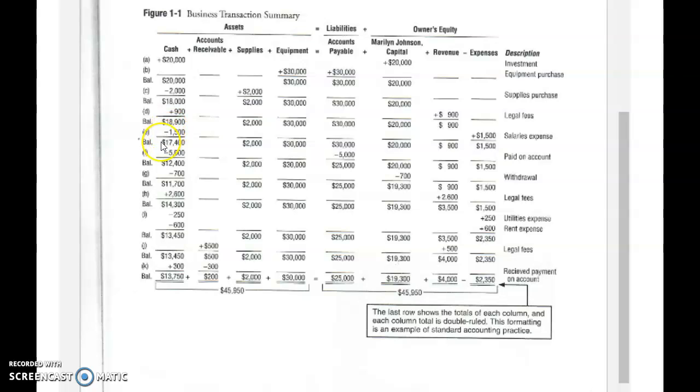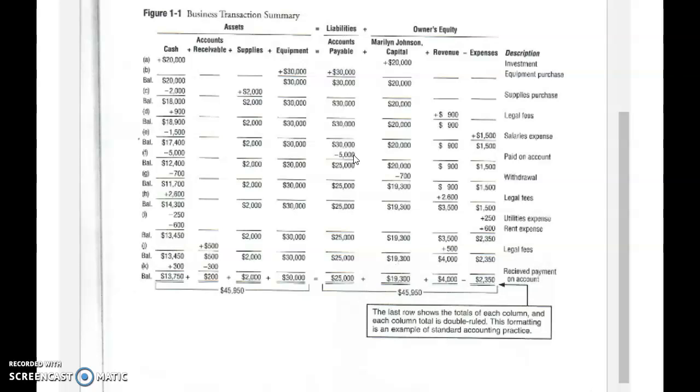Okay? Transaction F is you paid on account. You're paying off, or you're paying on your equipment because that's your liability. So you've paid $5,000. You're decreasing cash because you're paying $5,000, and you're also decreasing your liability because you're making a payment on your debt. So you're decreasing your debt.